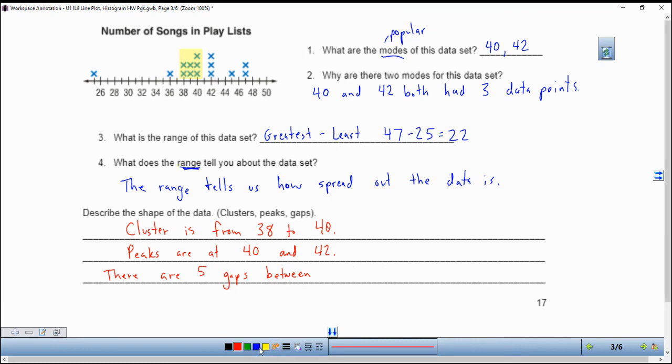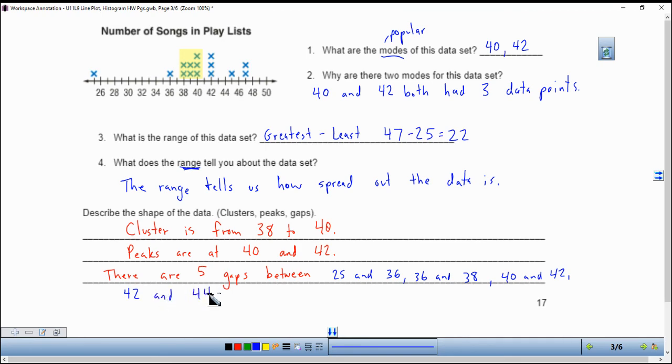All right, where are the gaps? 25 to 36. Okay, that's one of them. 36 and 38. That's another one. 40 and 42. 42 and 44.